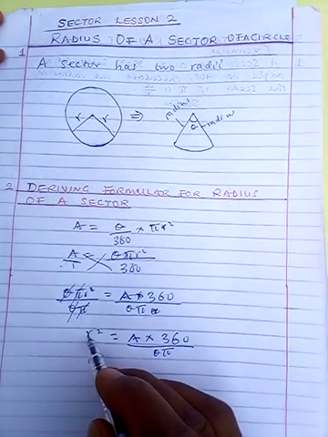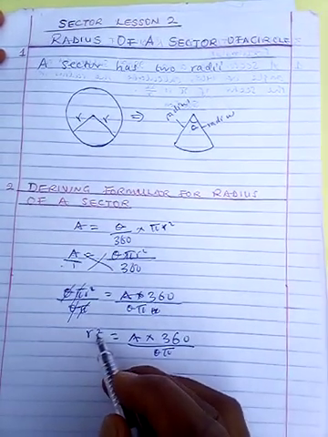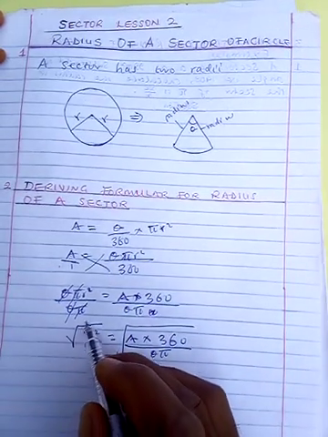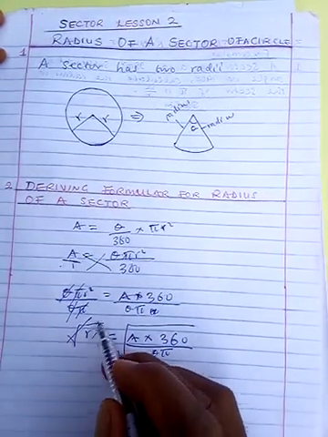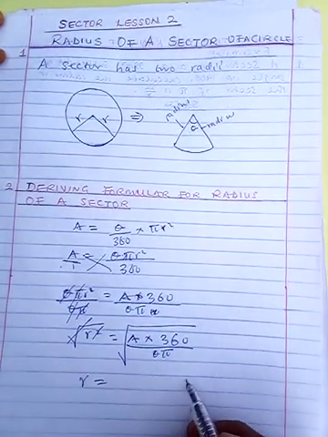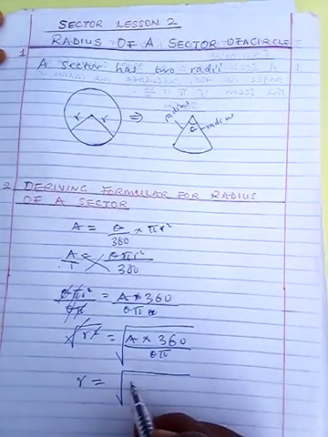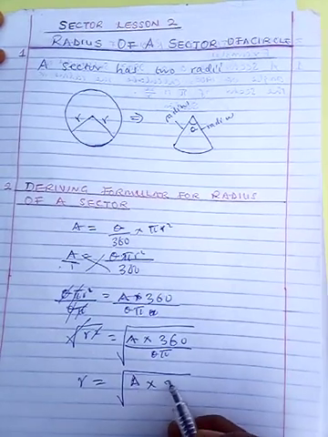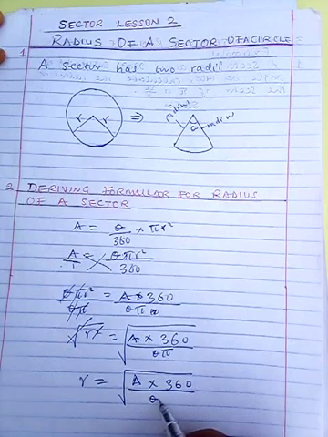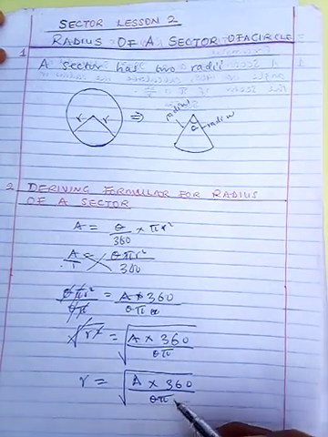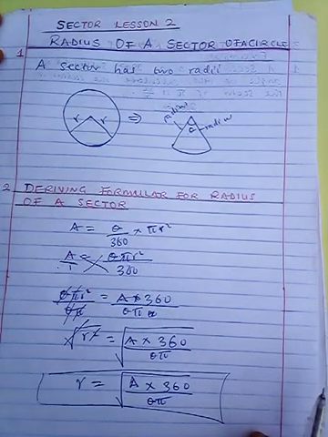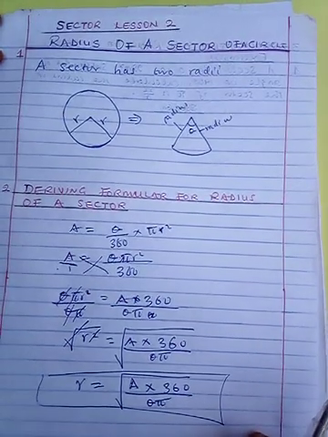Then how do we get our r now, not r squared? You take the square root of both sides. The square will go with the square root, and we'll be left with the radius. So the radius is going to become the square root of area times 360 over theta pi. So this is how to find the radius of a sector.